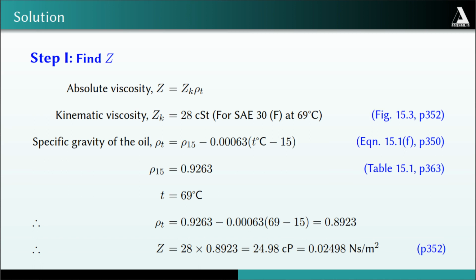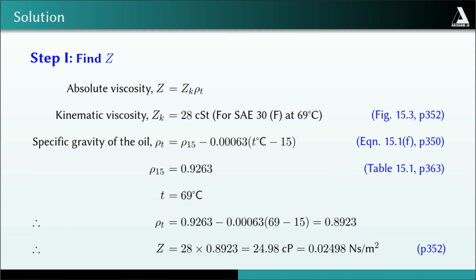Here rho 15 is the specific gravity of the oil at 15 degrees Celsius, which can be obtained from table 15.1, page number 363. For the given oil, rho 15 is 0.9263. With T as 69 degrees Celsius, we find rho T as 0.8923.